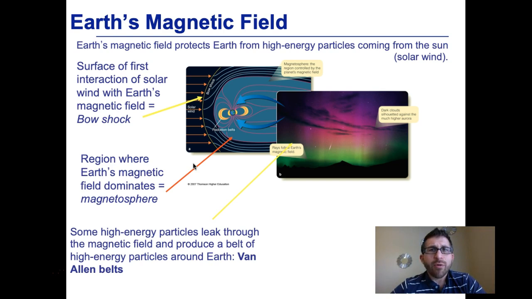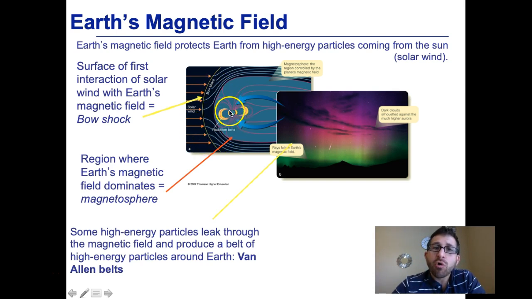So I just wanted to highlight once again how this looks from a zoomed out perspective. We got some other information here. That bow shock once again is on the front. Our radiation belts, those Van Allen belts, are indicated here, and we can see how this can also produce aurora. So aurora, or the northern and southern lights, are produced as the magnetic field comes in at the north and south pole.